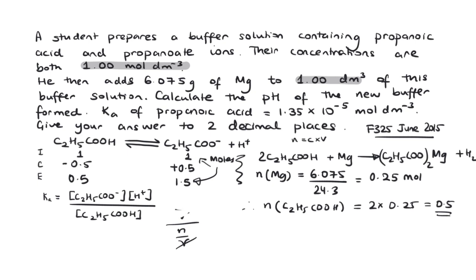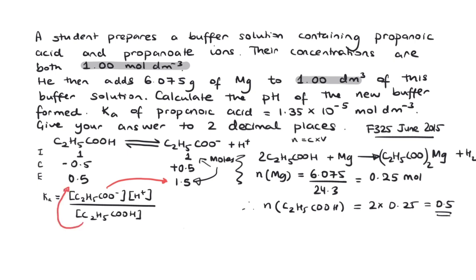All right, so that's basically it. So the number of moles here is the same as concentration, particularly for this one, because the volume is just 1. So the concentration of the propanoate ions is going to be 1.5 divided by 1, which is just 1.5, sorry. And the concentration of the acid will be 0.5 moles per decimetre cubed.